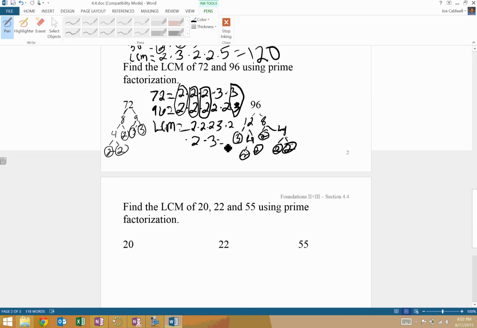So we multiply it all out: 2 times 2 times 2 times 3 times 2 times 3.